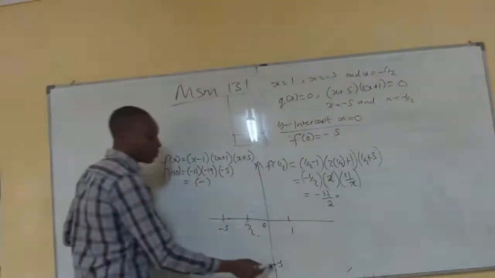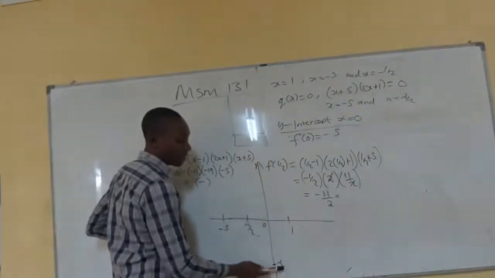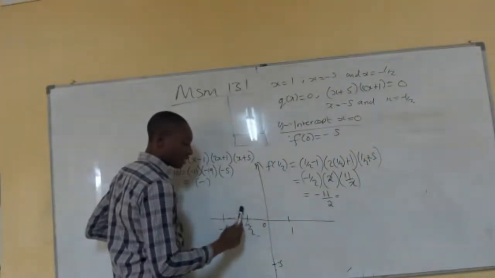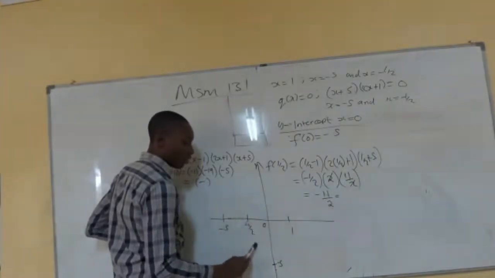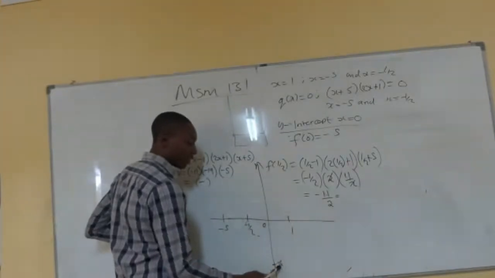So if we had a number not negative 11 over 2, but something higher than this, what does it mean? You're coming from somewhere here, then you probably turn at exactly this point.